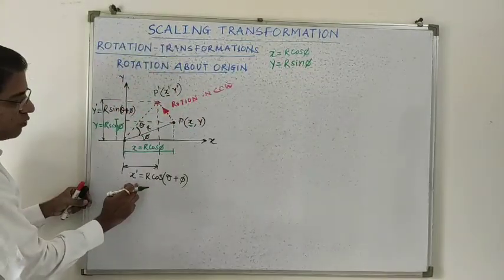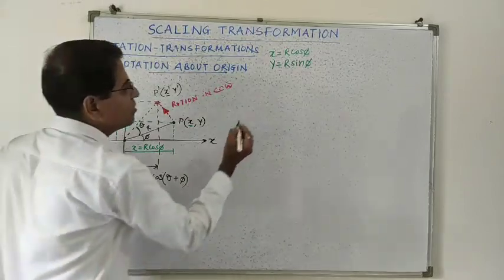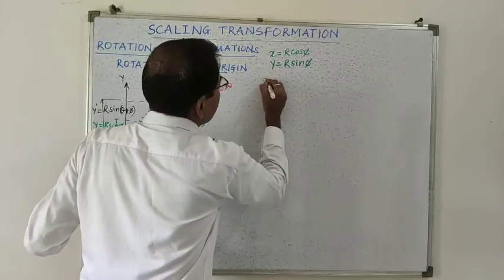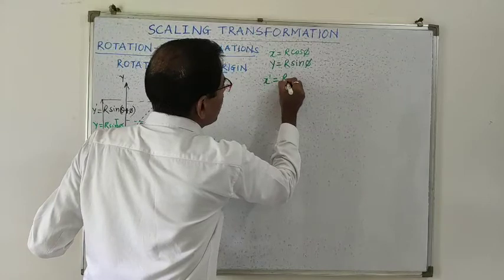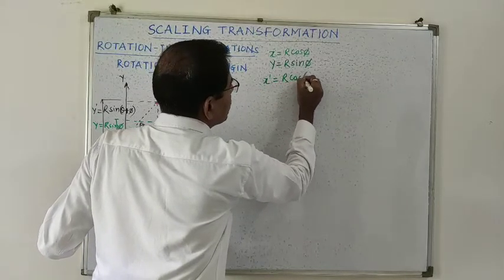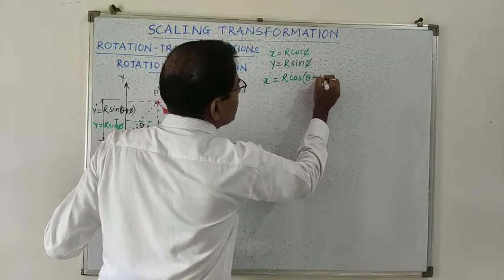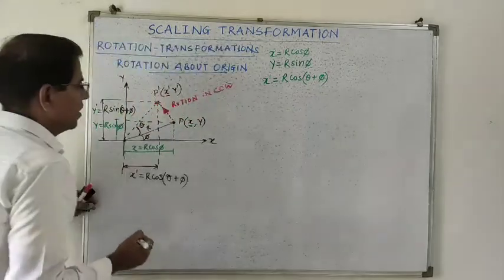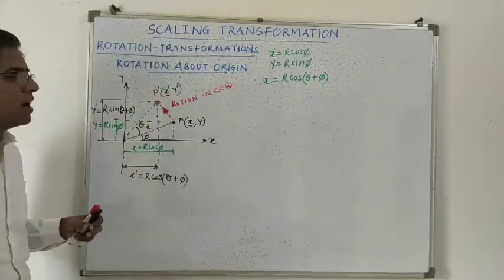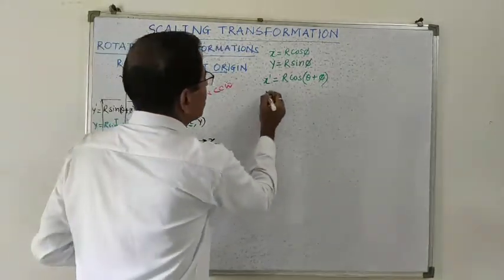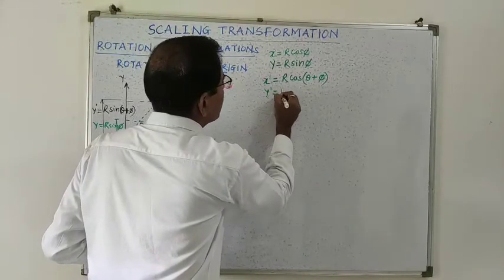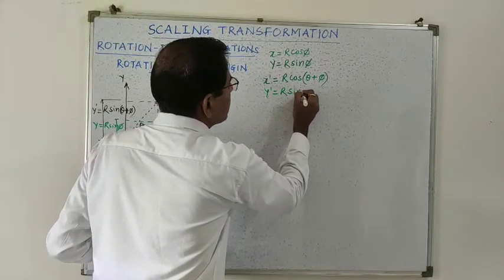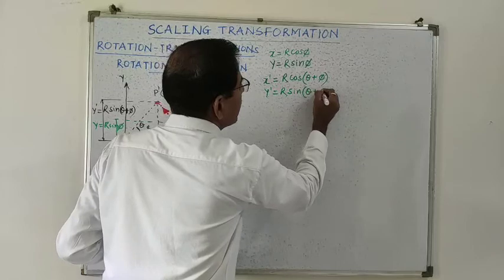Similarly, x dash is r cos theta plus phi, and y dash is equal to r sin theta plus phi.